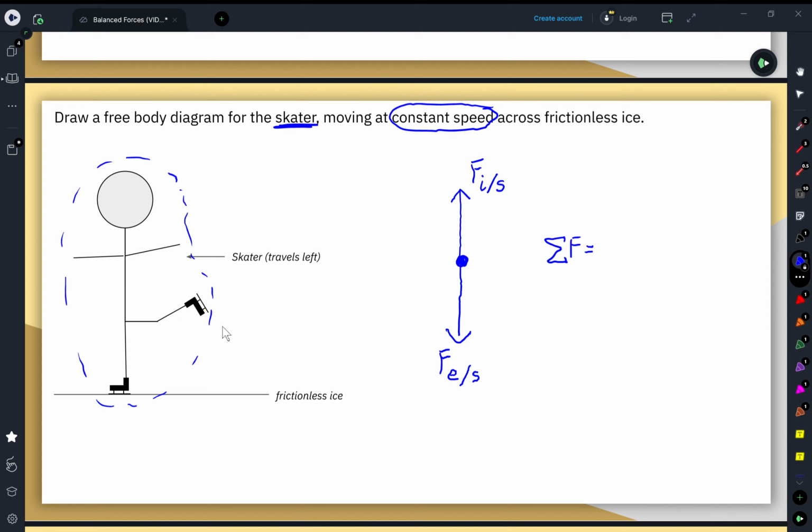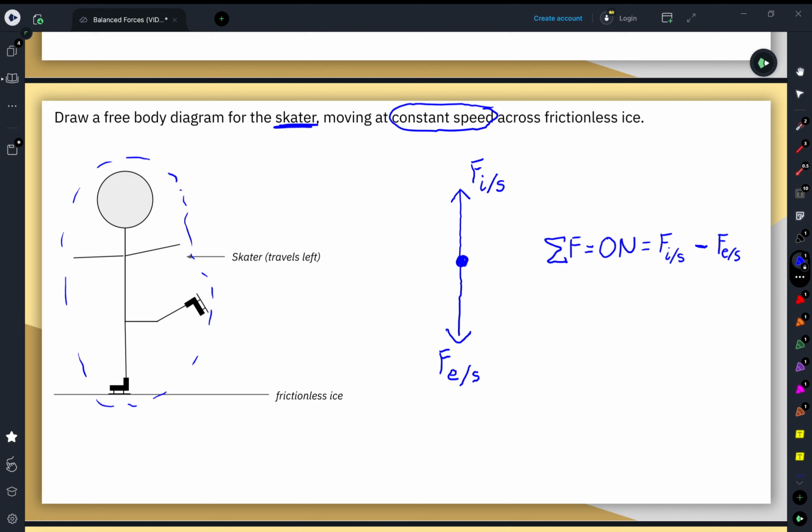Now I'm saying because it is a constant speed, there should be overall 0 newtons of force acting on the skater. We have 2 of these forces acting on them: the force of the ice acting on the skater and the force of the earth acting on the skater.